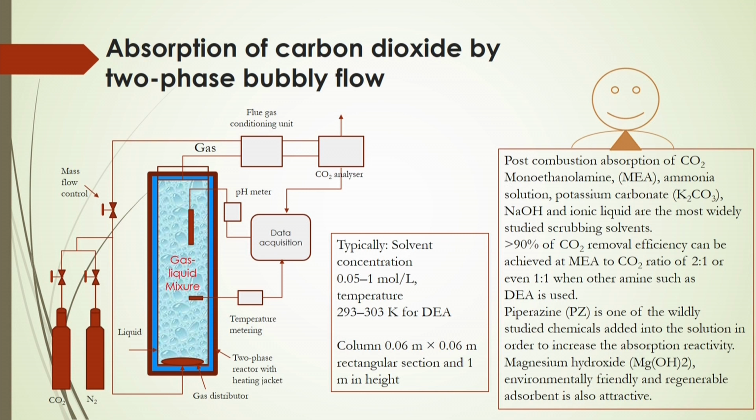So, several processes are being developed, and research is even going on in that particular field, on how to absorb or remove carbon dioxide from the atmosphere. As a two-phase bubbly flow system, how is the process developed for the absorption of carbon dioxide in a liquid medium?